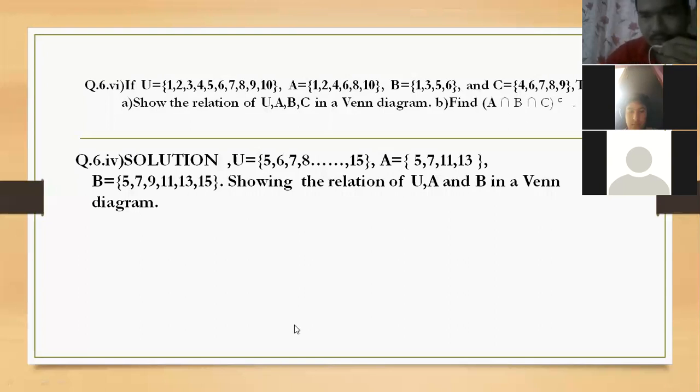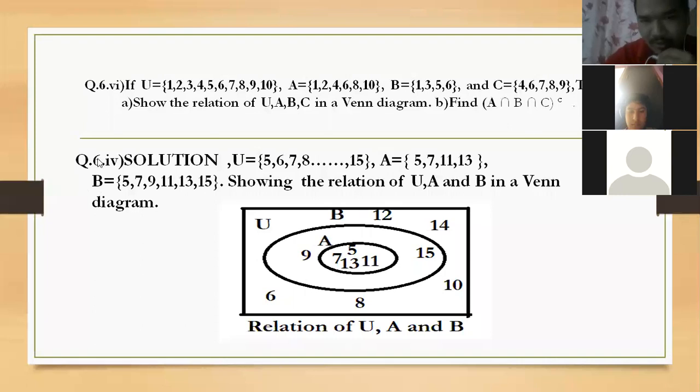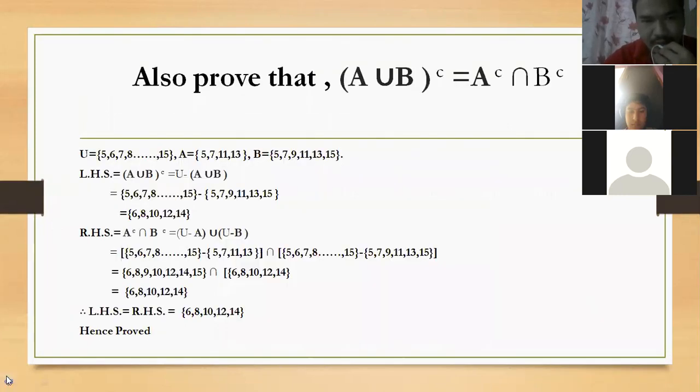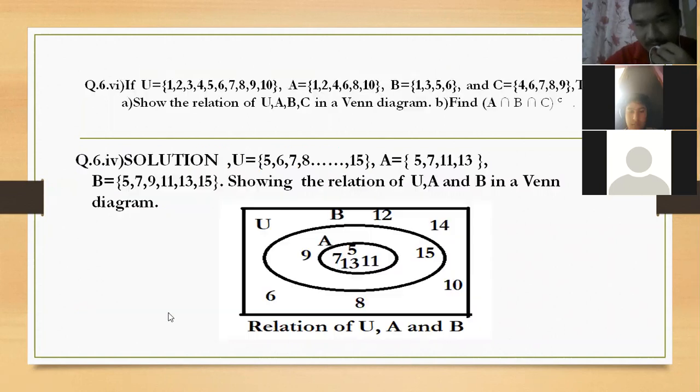And here I have shown this one, 4 number. Look here, 4 number I have shown here. First of all in the Venn diagram, look.